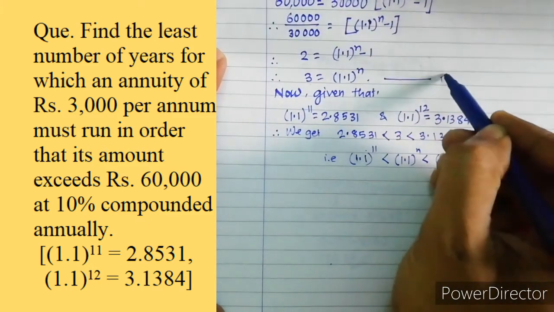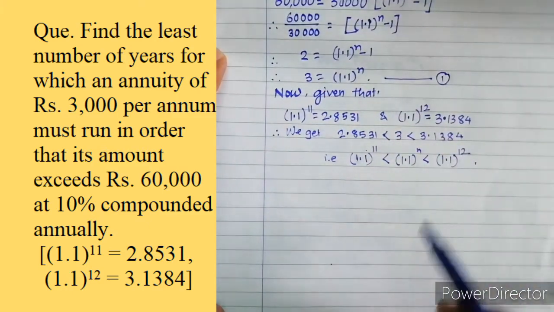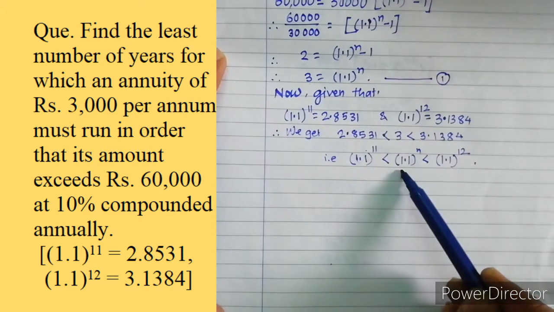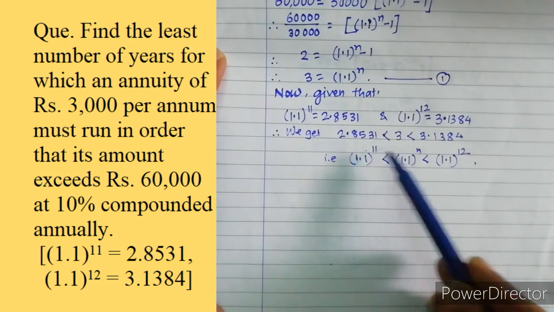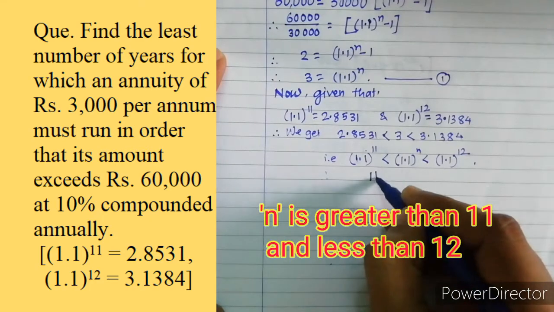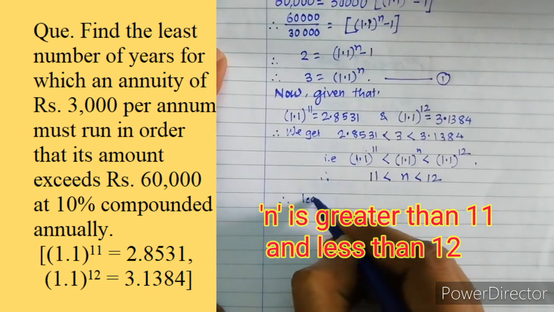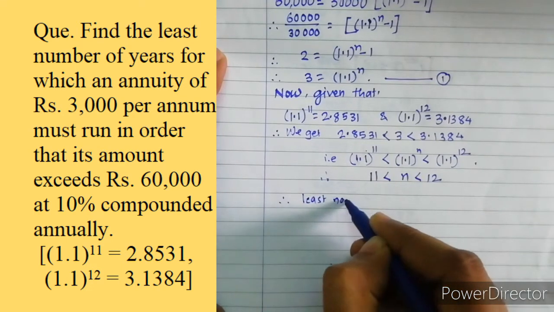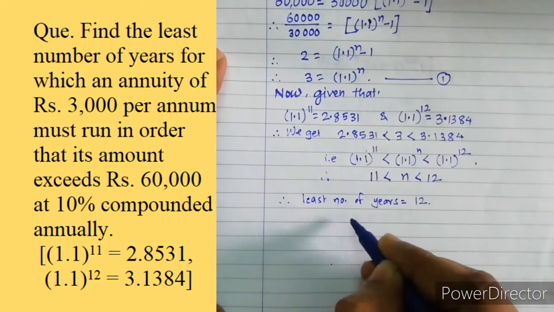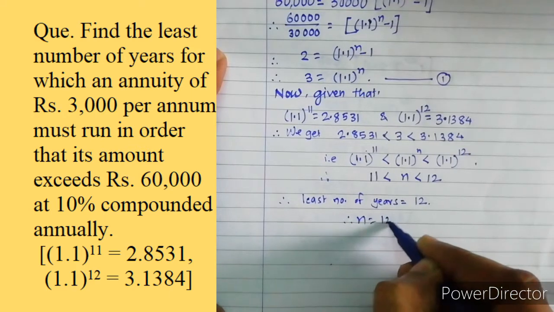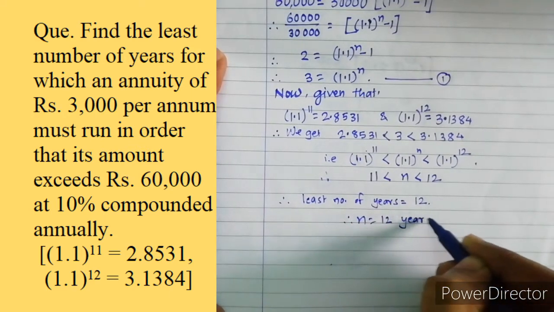From this, the value 3 is in between 11 and 12. So the least number of years is equal to 12, and therefore n is equal to 12 years.